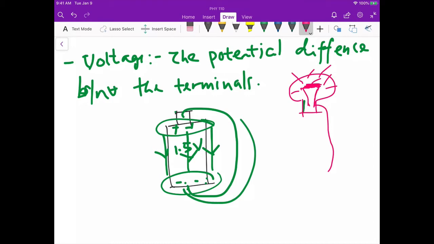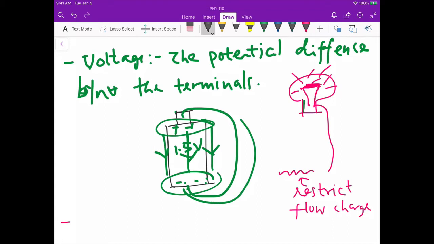But the main thing we need to pay attention to here is that the filaments restrict the flow of charge. So now the bulb is resisting the flow, and we call the bulb our resistance.